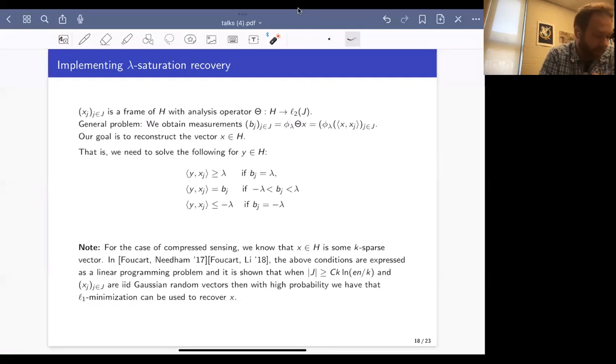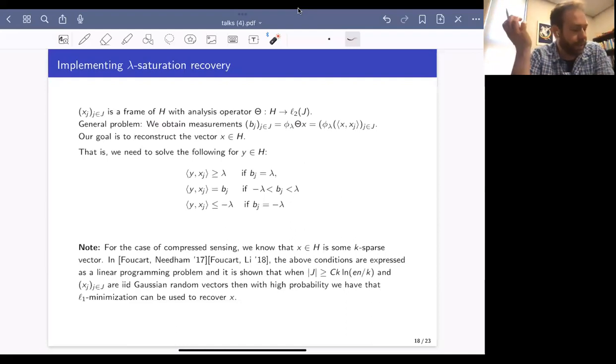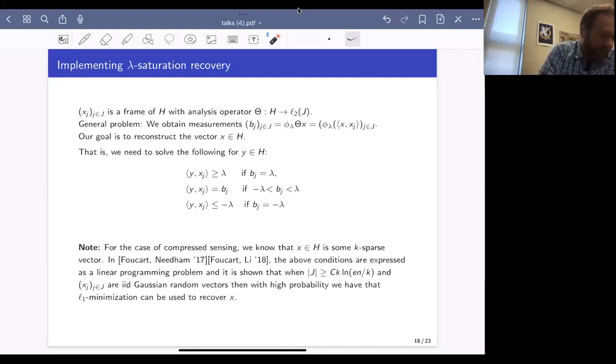And so this paper is somewhat motivation for us in the sense that we're really interested in the case of using a frame. And so we're not just looking at sparse vectors, but one thing that you could do is make k equal to the dimension and sparsity goes away.